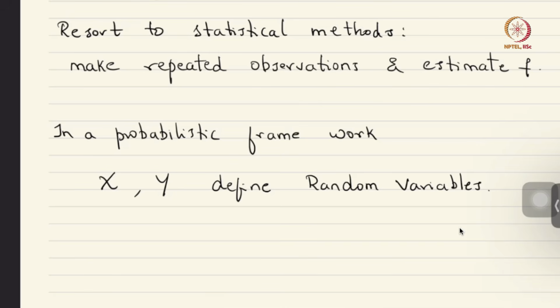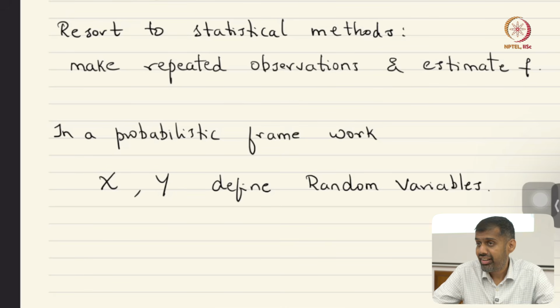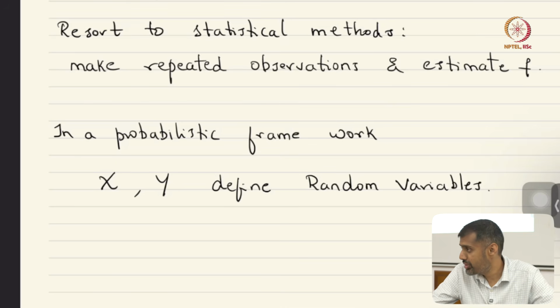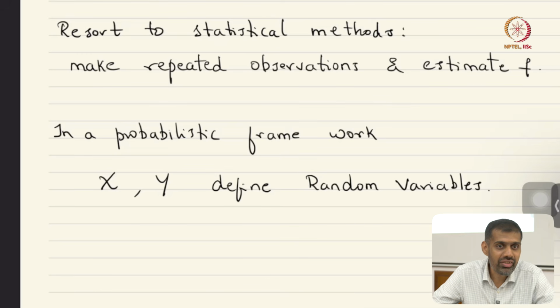In fact, to be precise, they are the support set of random variables. What does that mean? All of you who have taken a first course in probability would probably know that a random variable is neither random nor a variable. It's a deterministic function from sample space to real values.